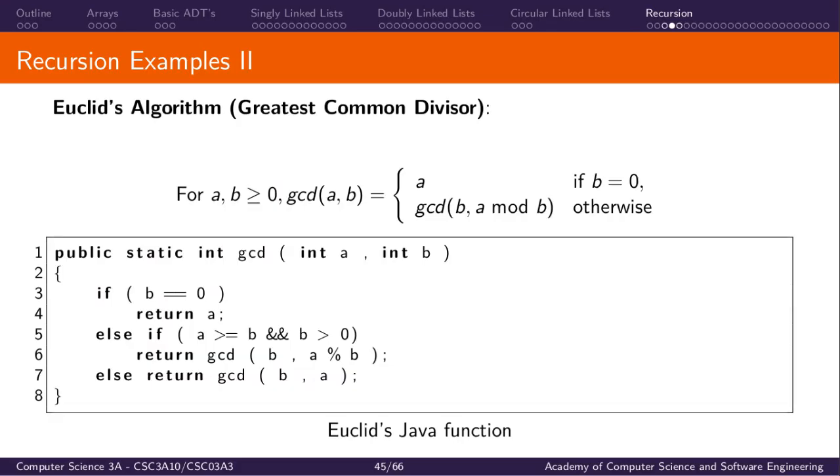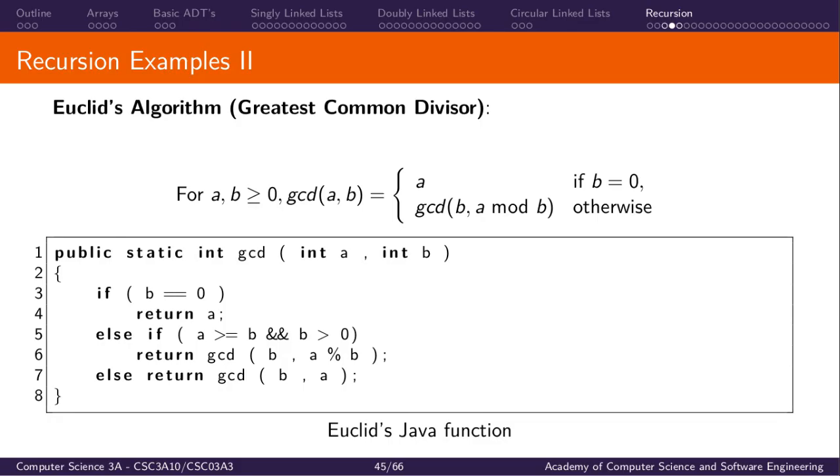So let's look at an example. We'll spend some time here and then I guess end there, as people seem to be full of all the ideas that we looked at. So if we look at Euclid's algorithm, which is an algorithm for finding the greatest common divisor between two numbers. So we have two integers, and we'd like to find the greatest common divisor between them. And the function goes like this.